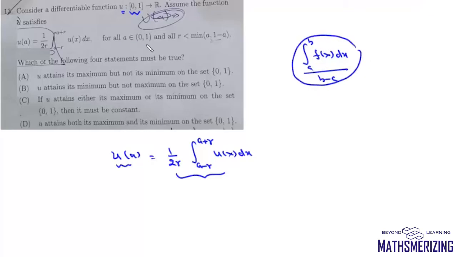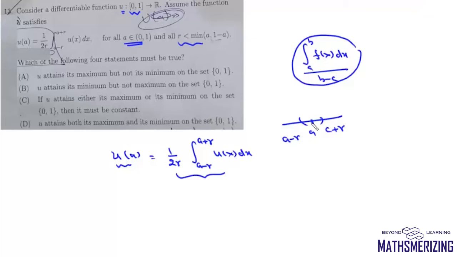So it simply means that for any point a lying between 0 and 1, the value of this function is equal to the average value of the function in any and every interval a minus r to a plus r, provided r is less than the minimum of a and 1 minus a.